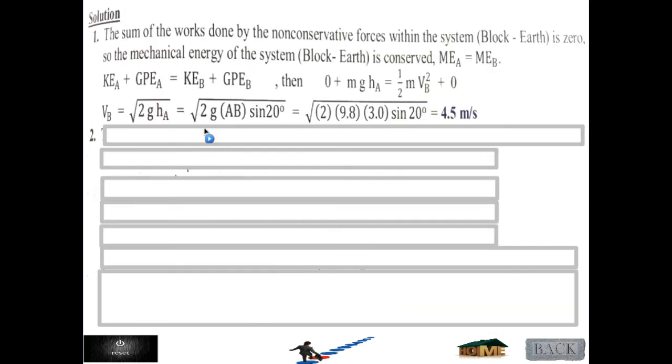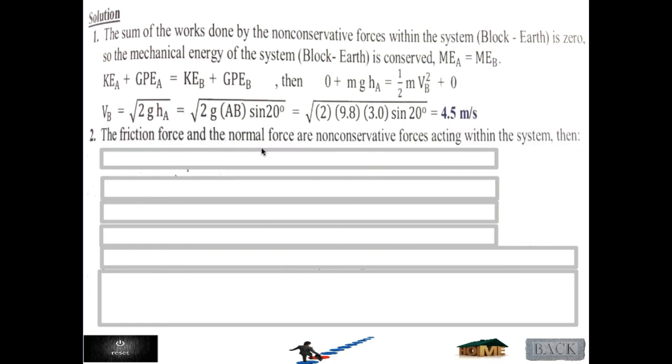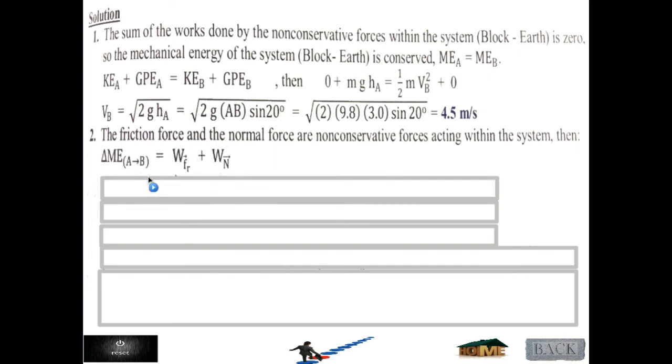I will use delta mechanical energy equal to the work done by non-conservative forces. The friction and the normal force are non-conservative forces acting within the system. Then delta mechanical energy between A and B equals the work done by friction plus the work done by normal.